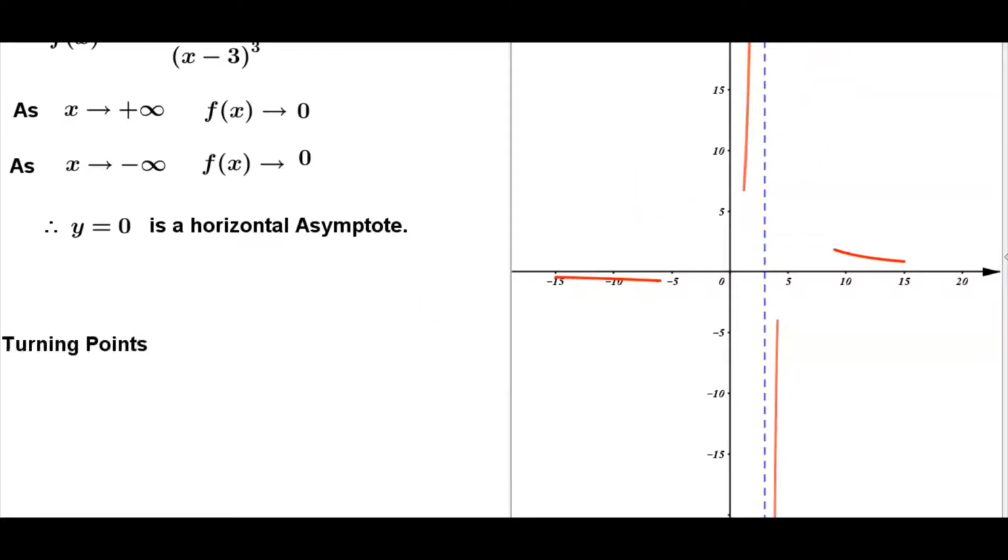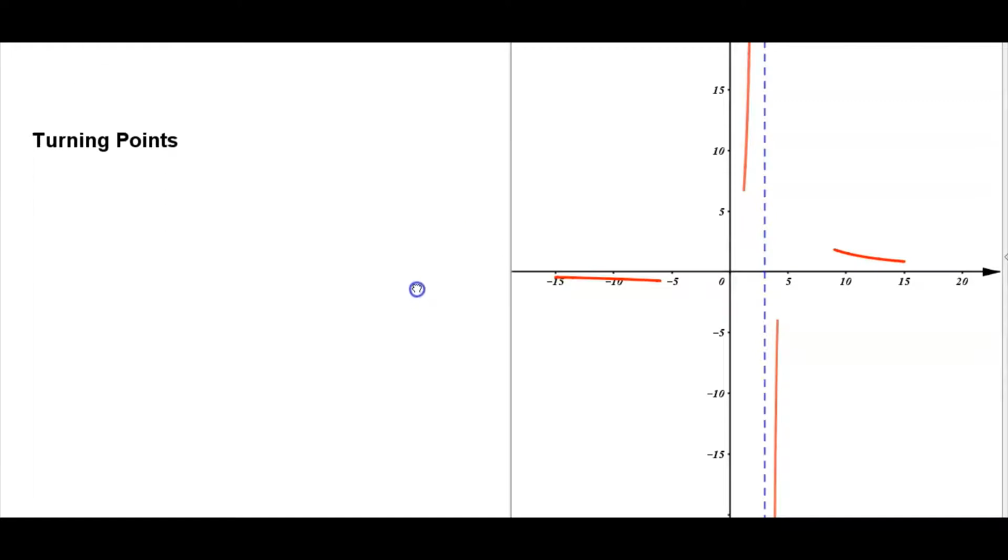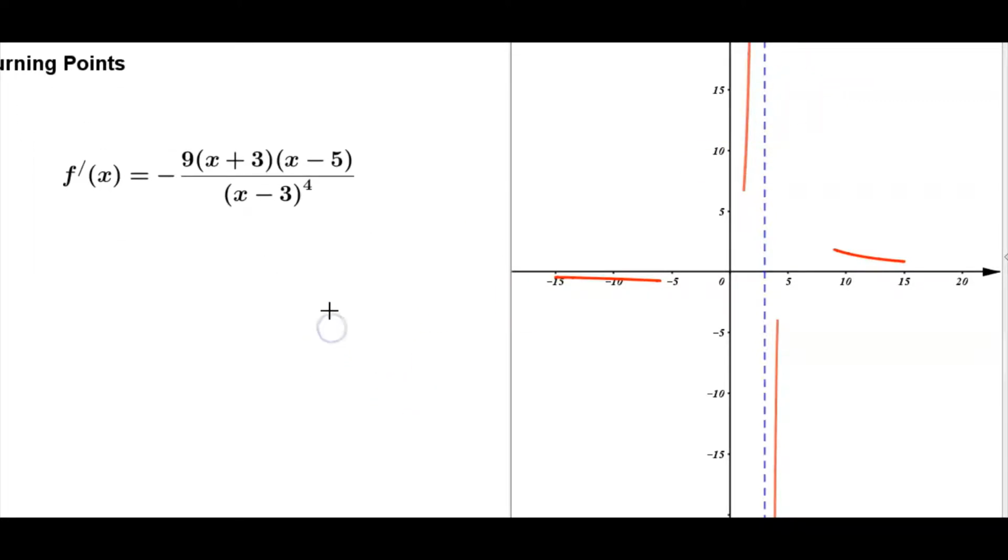Now, we will investigate the turning points. So, f dash x is equal to minus 9 into (x plus 3)(x minus 5) over (x minus 3) to the power 4. We already calculated this. So, f dash x is equal to 0 for maximum or minimum.